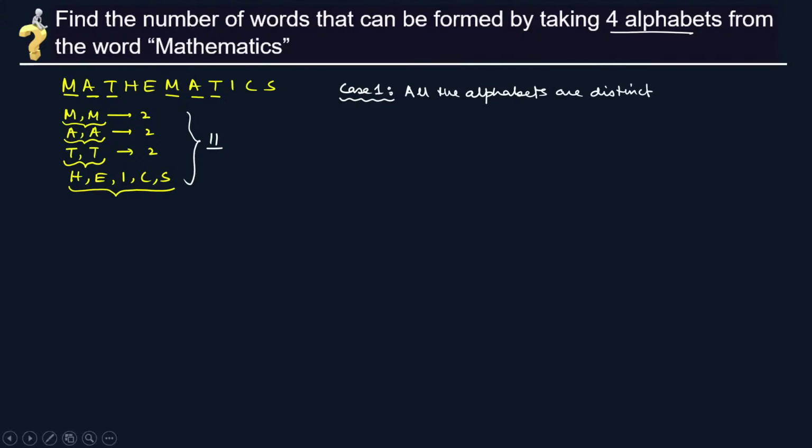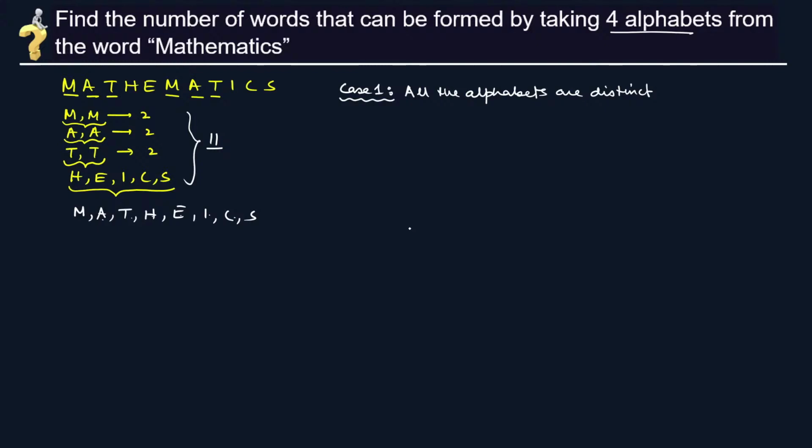Now, how many distinct alphabets do you have? You have 1 M. From these 2 M's, I can select 1 M. 1 A, 1 T, H, E, I, C, and S. So how many alphabets are you having now? 1, 2, 3, 4, 5, 6, 7, 8.